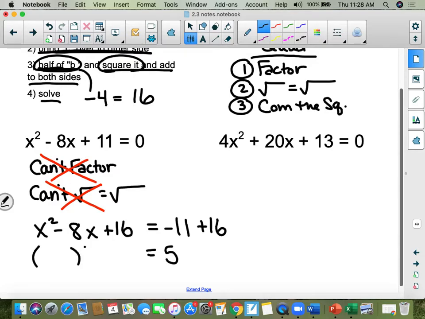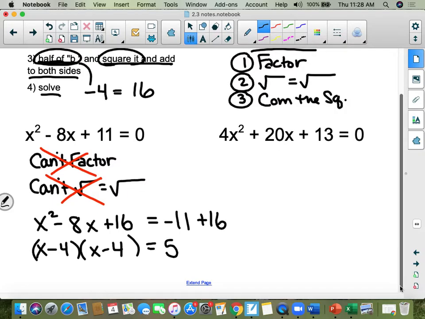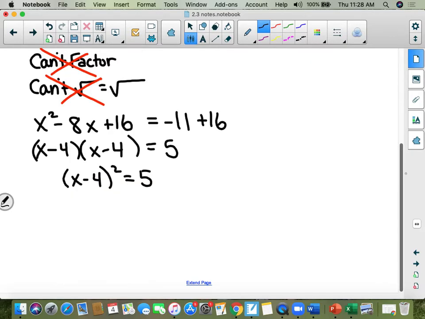I can factor this. That's why it's called completing the square, because I can make this x minus 4 and x minus 4, the factors of 16 that will give us a negative 8, which is the same thing as x minus 4 squared equals 5. I don't know if you'll think this is cool, but in completing the square, I did factor.